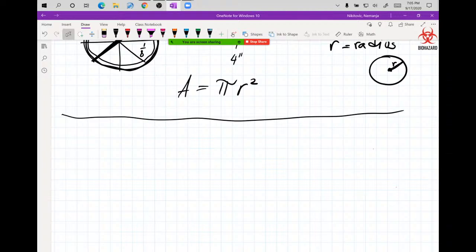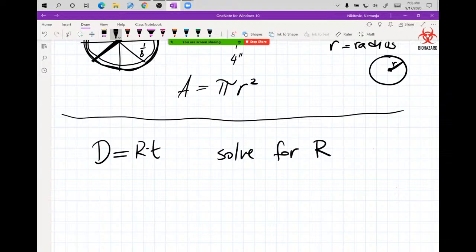And guys, flipping the formulas. Usually you can compute the values, like distance for speed. You can solve for R. When we say solve for R, it means get R by itself.